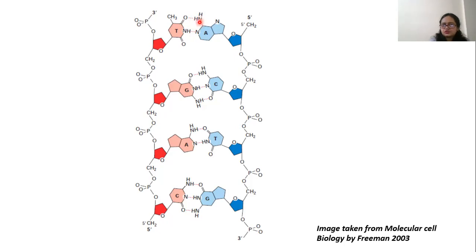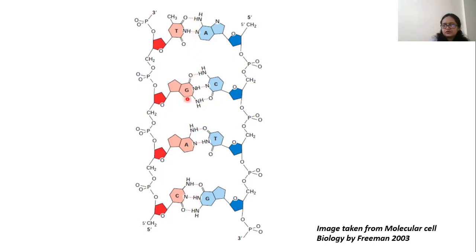So in this NH2 group, this hydrogen is participating with the oxygen through one hydrogen bond. Here you can see hydrogen is attached with the more electronegative nitrogen through a hydrogen bond. So these two are more electronegative compared to hydrogen, hence forming the two hydrogen bonds.